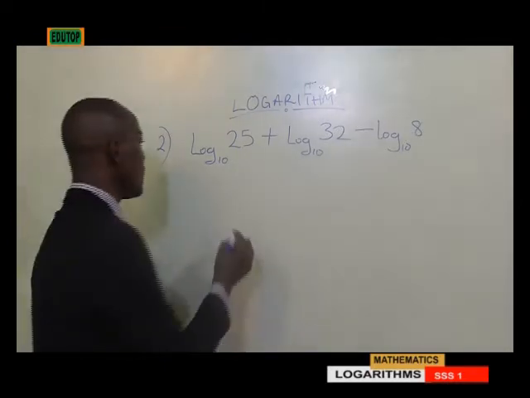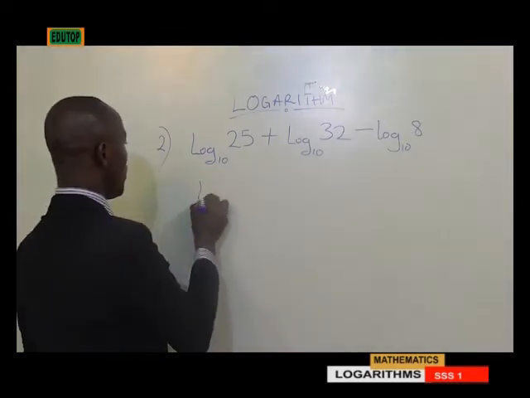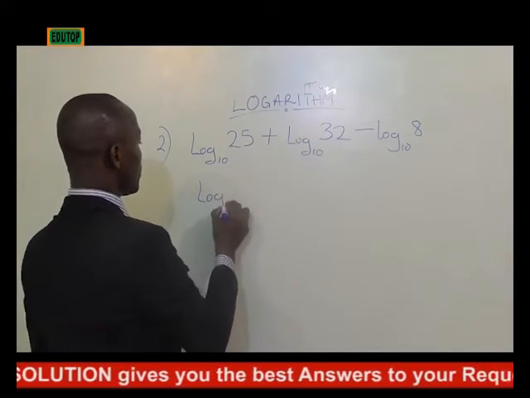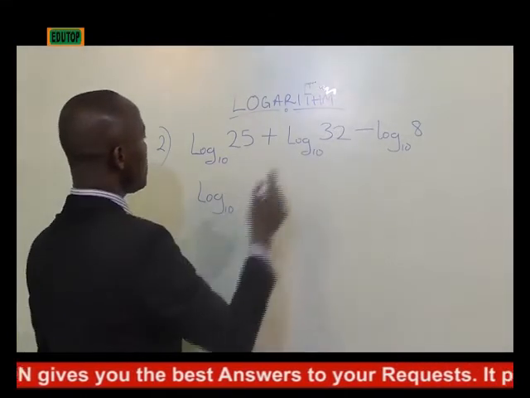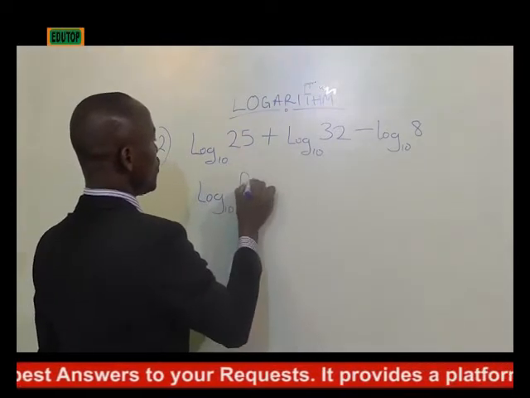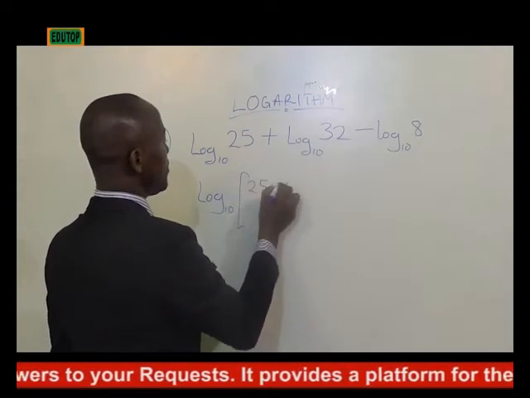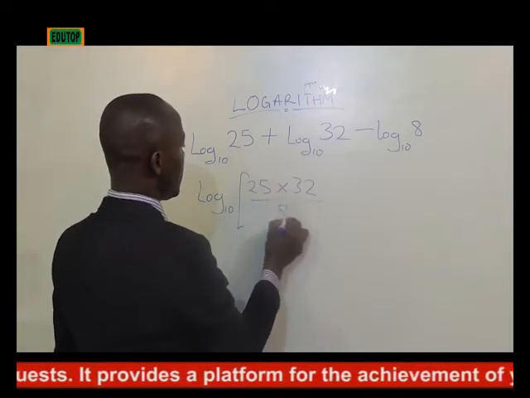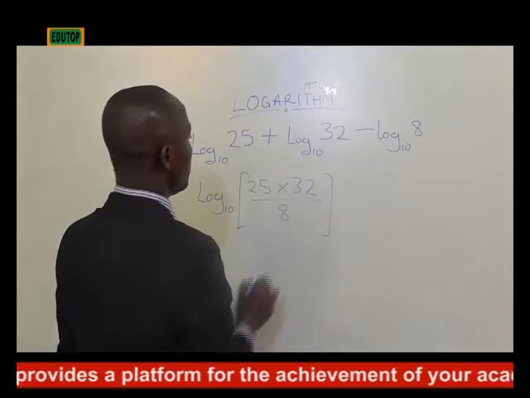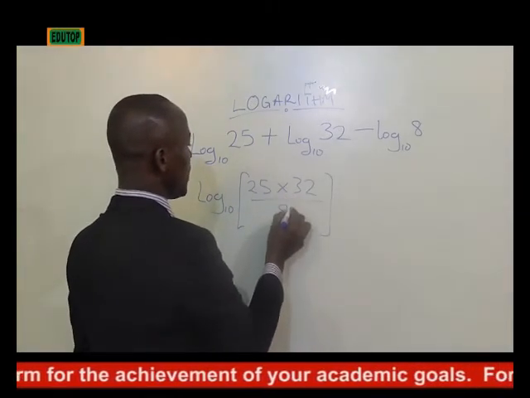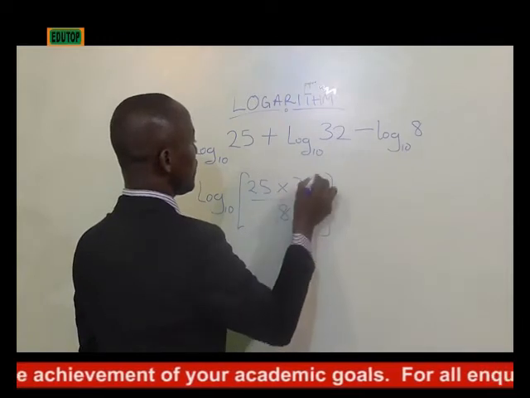So what we'll be having here will be log, into brackets, base 10, 25 times 32 all divided by 8. So what we are having here is 32 divided by 8 is 4.